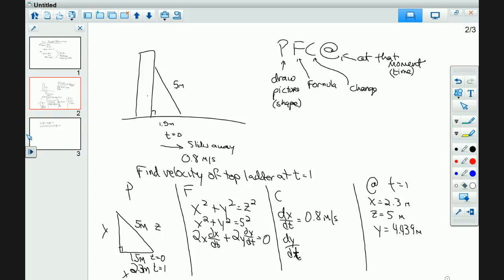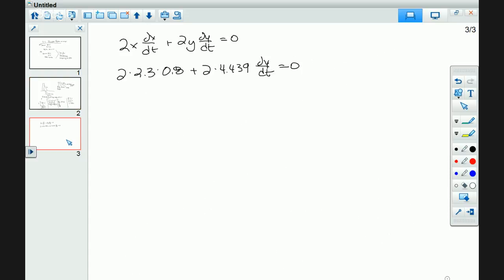This is the x, right? How fast? 0.8 meters per second. So that is the change in the x distance with respect to time in seconds. dx/dt is 0.8, and that's what it is. Now solve for dy/dt.